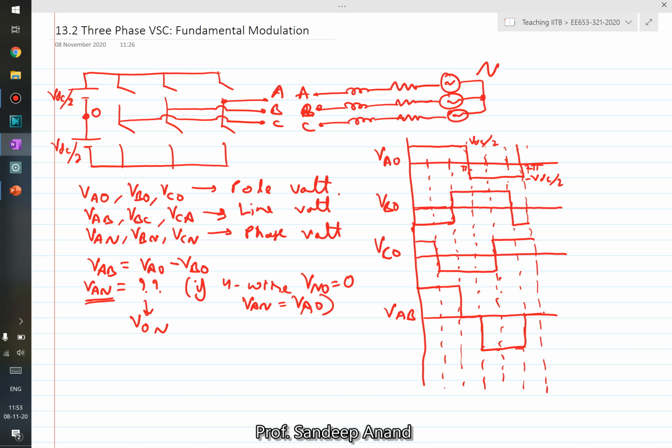Let us write Kirchhoff's voltage law corresponding to each phase for the load.